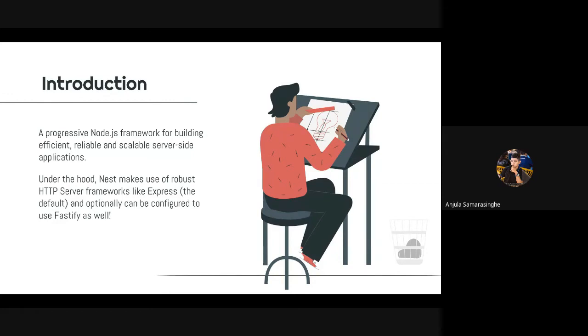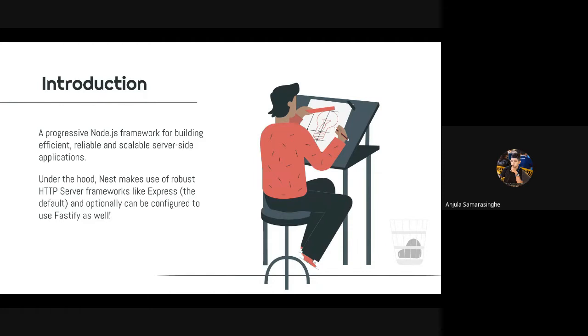NestJS is running above Node.js. Under the hood, it uses the HTTP server framework Express. By default, it uses Express, which is the most popular Node.js framework for HTTP servers.